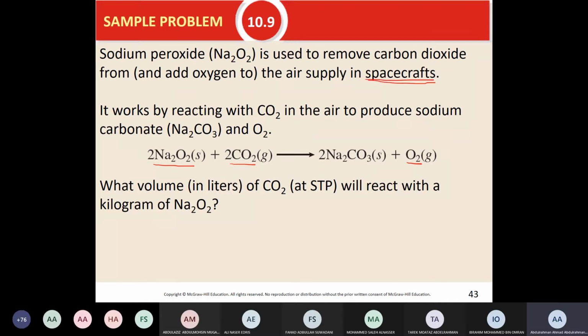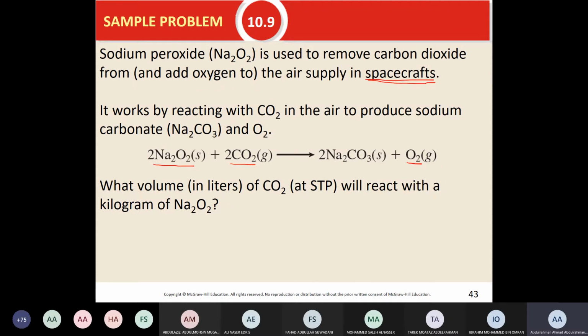You know what spacecrafts? Yes. All right. So we have this reaction. It works by reacting with CO2 in the air to produce sodium carbonate. What volume in liter of CO2 at STP will react with 1 kilogram of Na2O2?